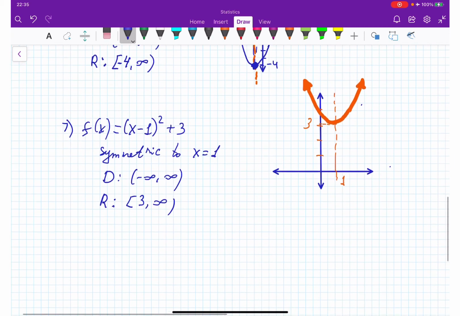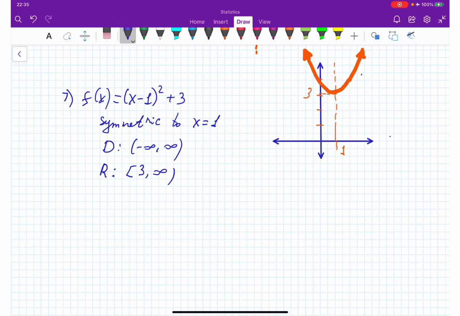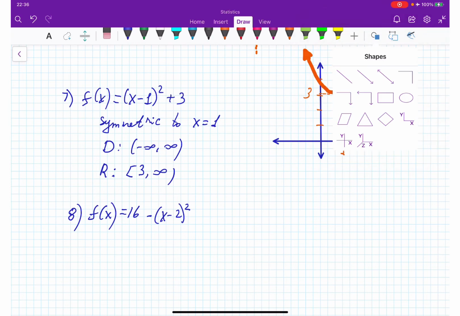Question number 8. Okay. Well, this time we have f of x equals 16 minus x minus 2 squared. So let's see. This is my graph.